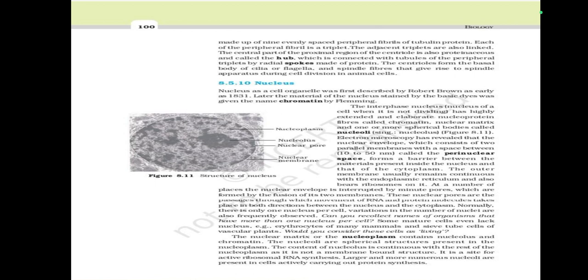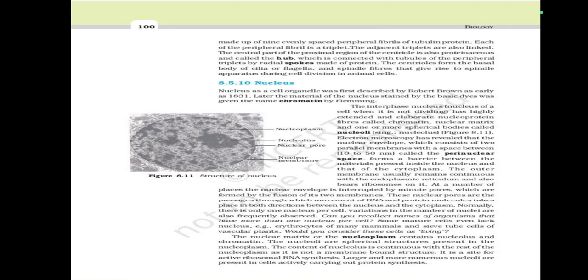Later, the material of the nucleus stained by basic dyes was given the name chromatin by Flemming. The interphase nucleus of a cell, when it is not dividing, has highly extended and elaborate nucleoprotein fibers called chromatin, nuclear matrix and one or more spherical bodies called nucleoli. Figure 8.11.